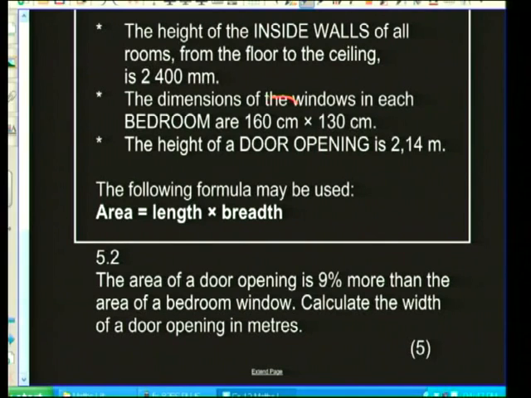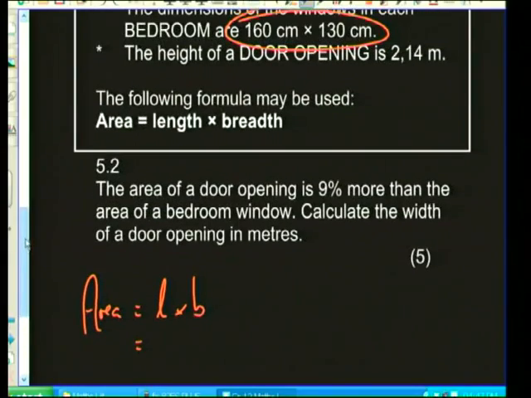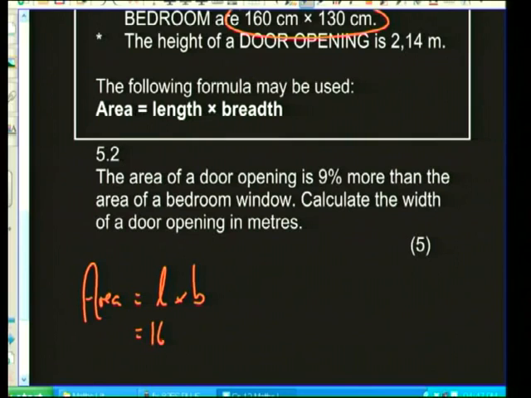Let's have a look. Well, we don't know, but we know the dimensions of the window. So let's find the area of the window. The area of a window is going to be length times breadth, and remember, this examiner gave it to us. The length is 160 centimeters. The height of that window is 130 centimeters.